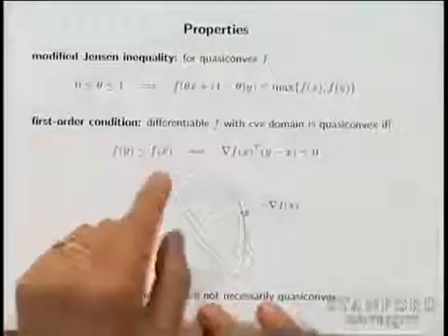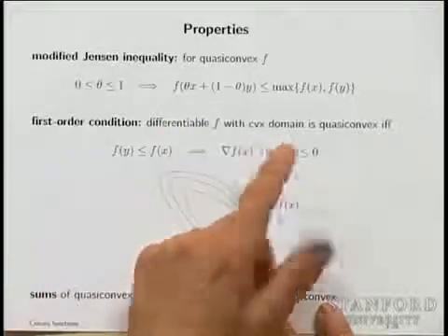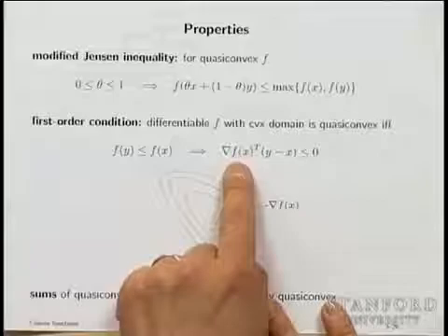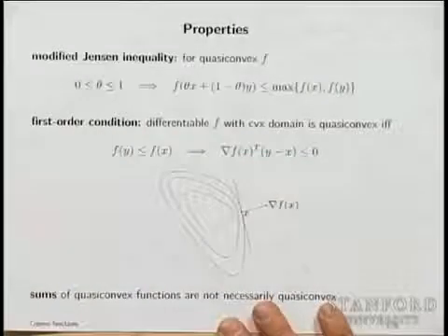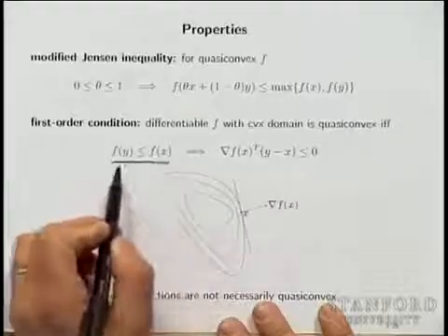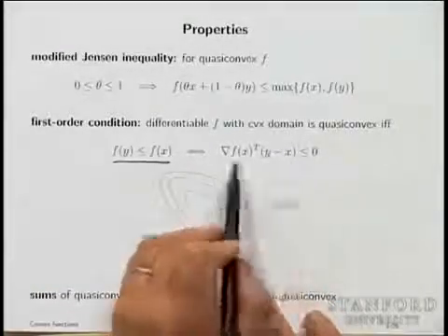And you have some things like this. If f is differentiable, there's a characterization of quasi-convexity, and it basically says the sublevel set of f lies on one side of the gradient.